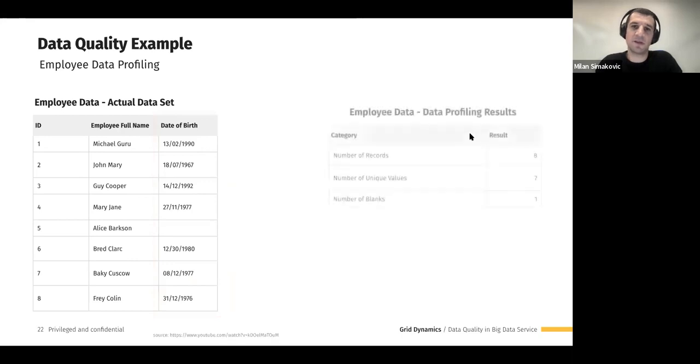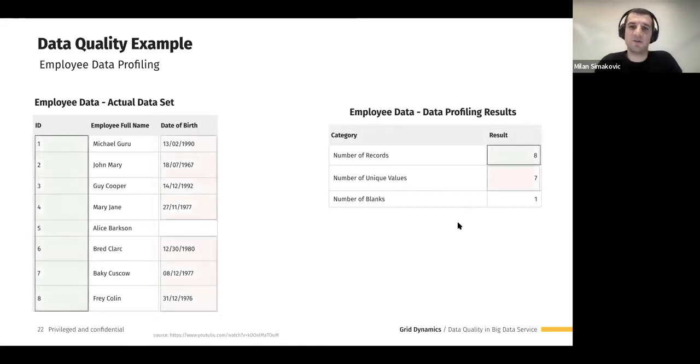From this CDE, we can see that, let's say, we have 8 records, 7 unique values, and 1 blank. So those are just the statistical information. We try to understand what this column means and what is a valid situation and what is an invalid situation.